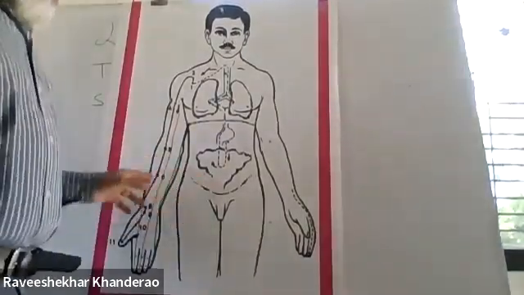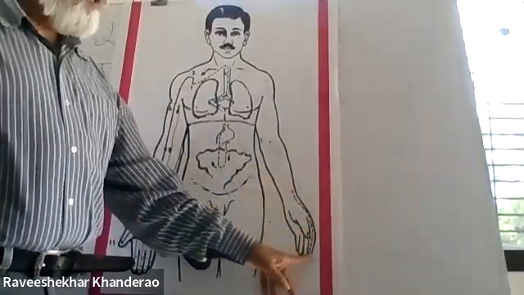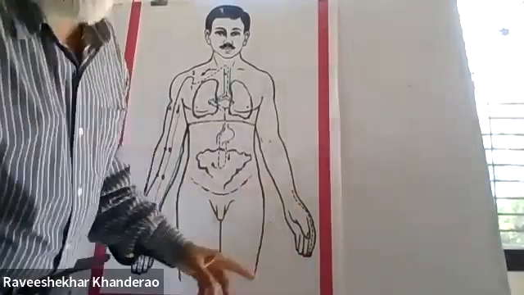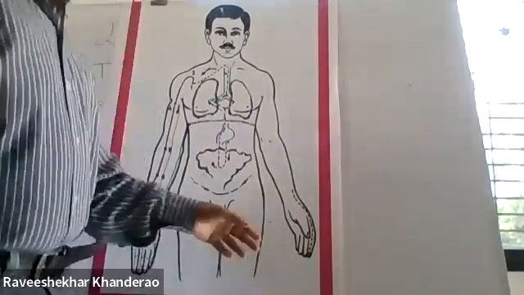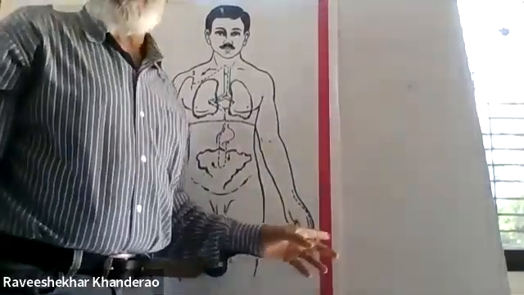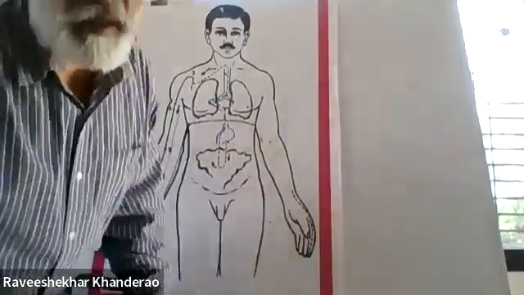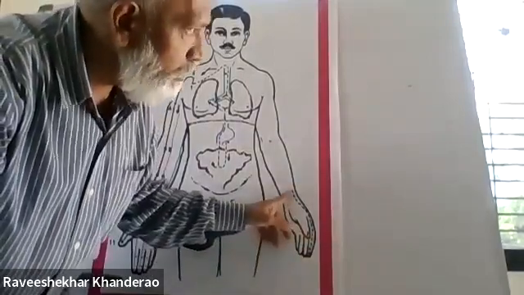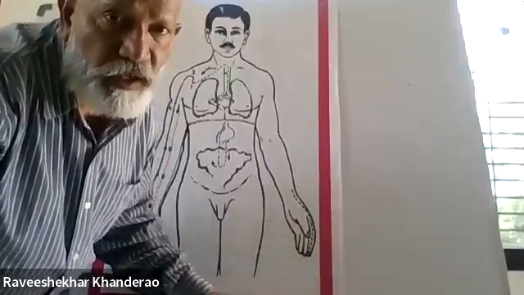Okay, a branch arises from lung 7 and it connects to the radial corner of the index finger. Where it meets the radial corner of the index finger, which meridian is there? It meets the large intestine meridian. Okay, this is the Luo connecting point, and the collateral is connecting the lung meridian and the large intestine meridian.